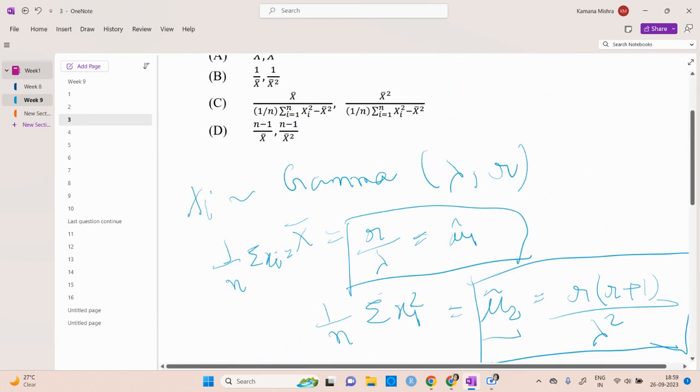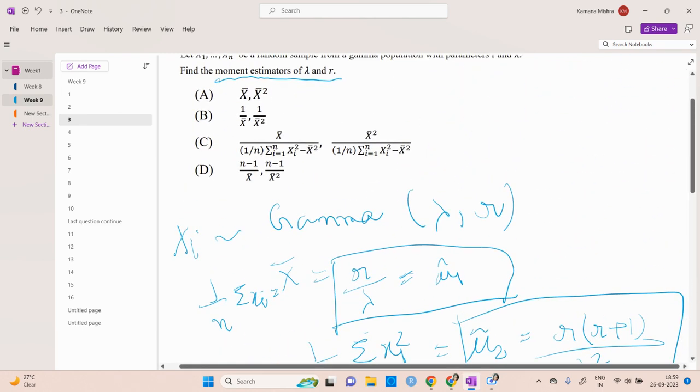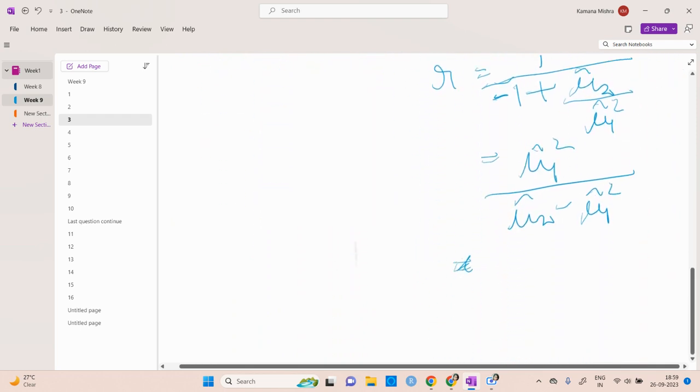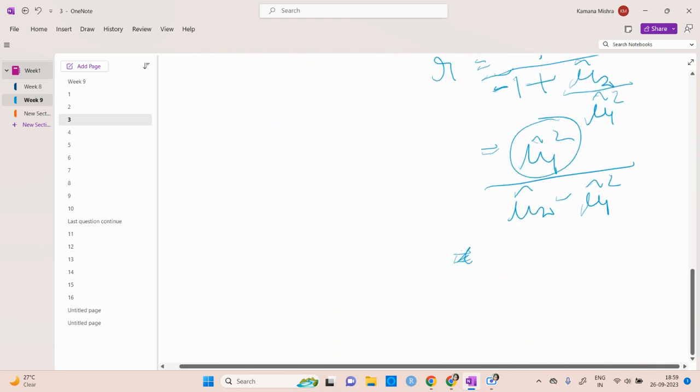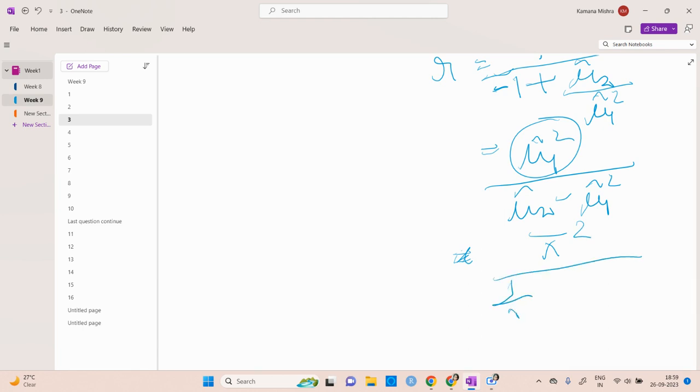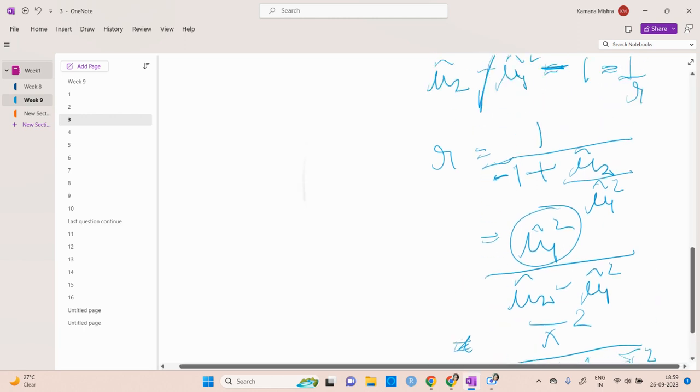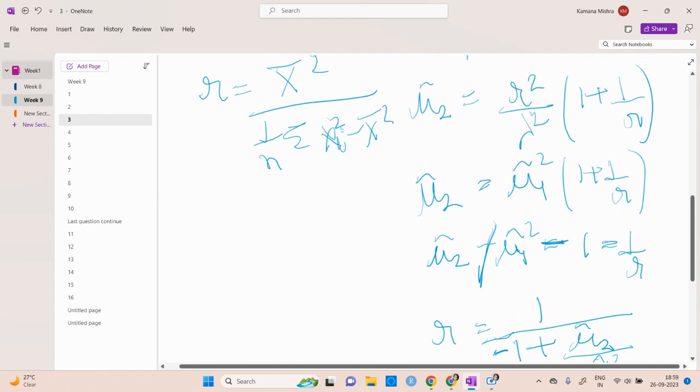Anyway, we will solve it. So this one is x bar square, this one is 1 upon n summation xi square, and this one is x bar square. Now, this is r.